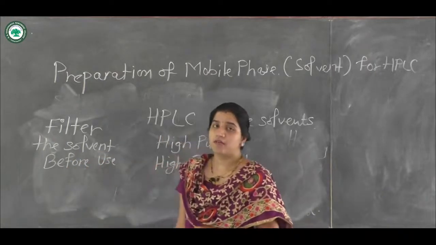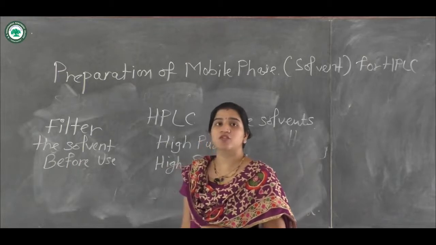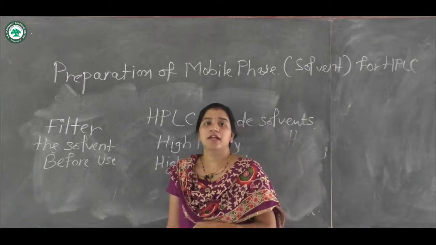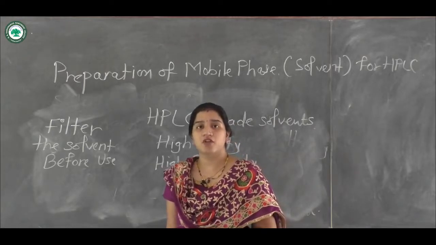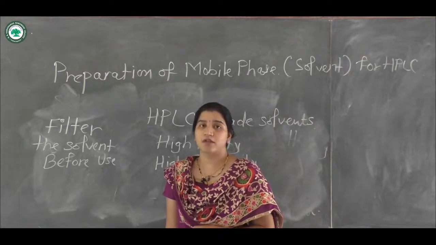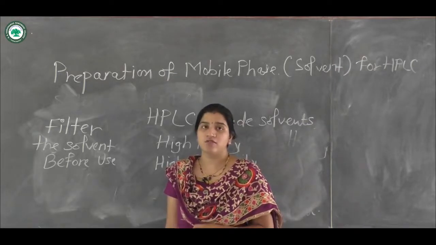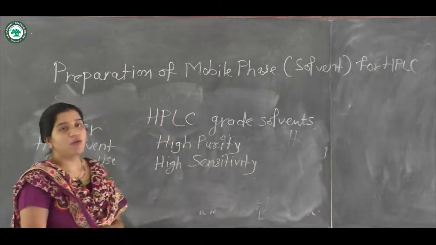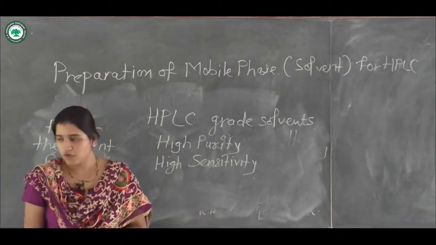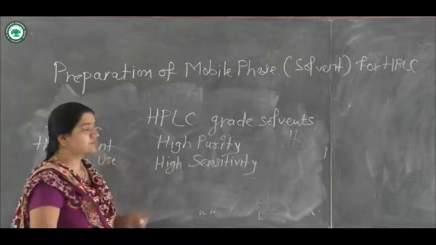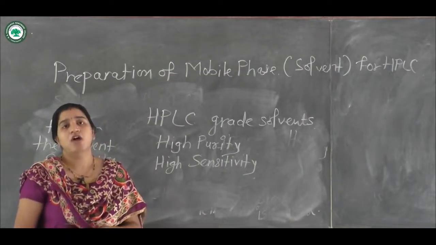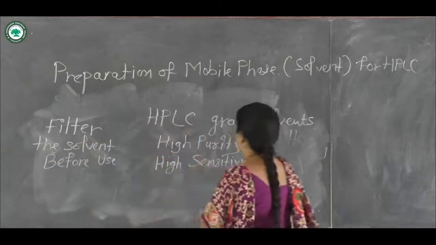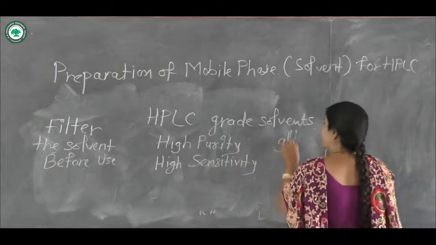If you remember, while discussing the instrumentation of HPLC, we said that two filters are installed in the HPLC, so before injecting your sample and solvent inside the column, we have to filter the solvent before use. So these are the necessary conditions when you are preparing the solvent system for HPLC instrumentation. Any small addition or any impurity will lead to the formation of extra peaks, or what we call ghost peaks.